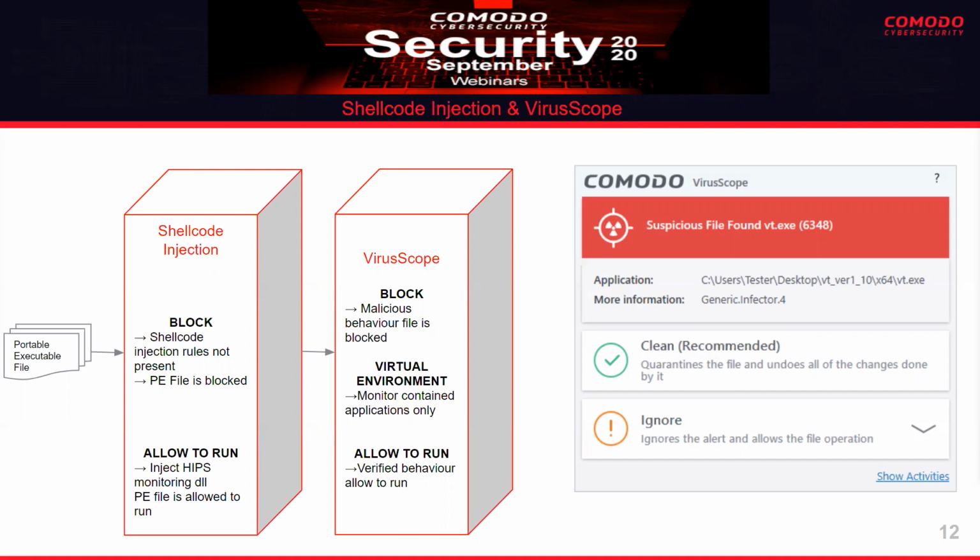This provides more flexibility for legitimate software, which requires certain actions to be performed in order to run correctly. Viruscope detects zero-day malware by analyzing the behavior and actions of applications. If the detected behavior corresponds to that of a known malware, then Viruscope will generate an alert which allows you to quarantine the application and reverse any changes that it may have made.